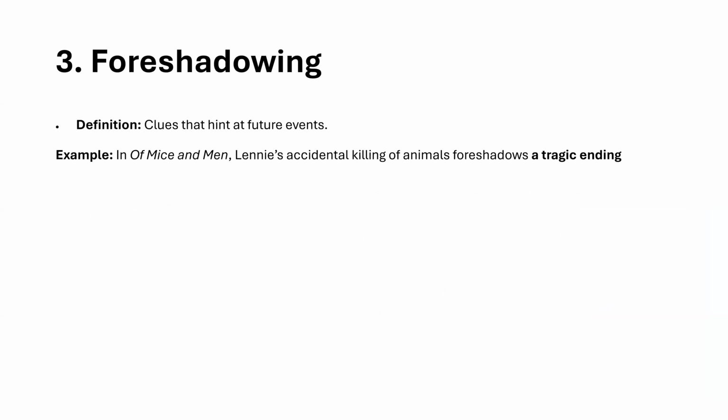And then foreshadowing. This is a clue that hints at future events. There's an example here in Of Mice and Men: Lennie's accidental killing of animals foreshadows a tragic ending.